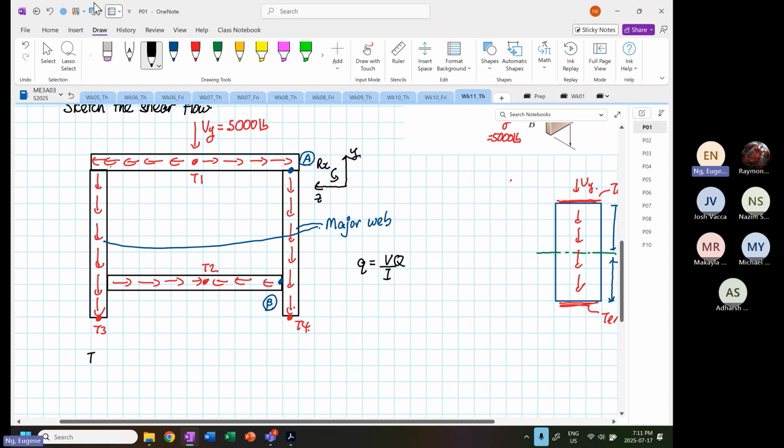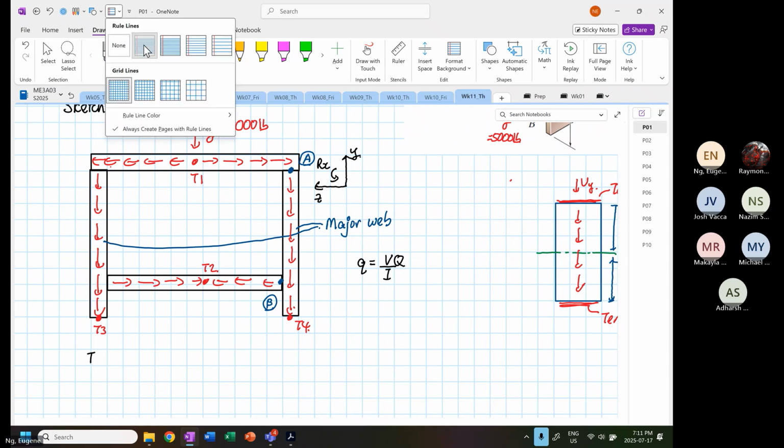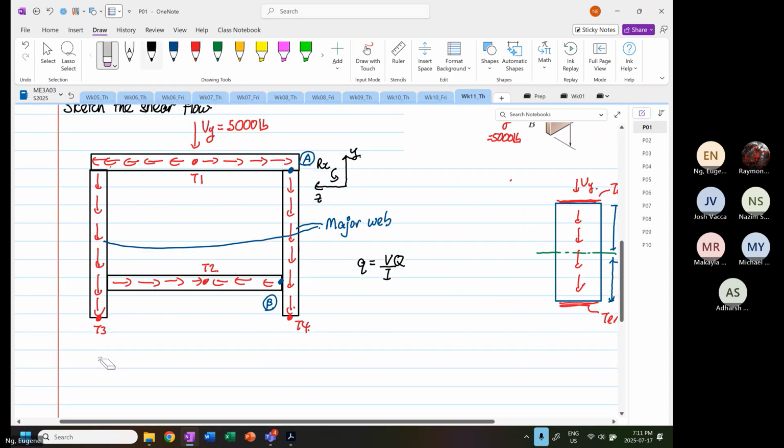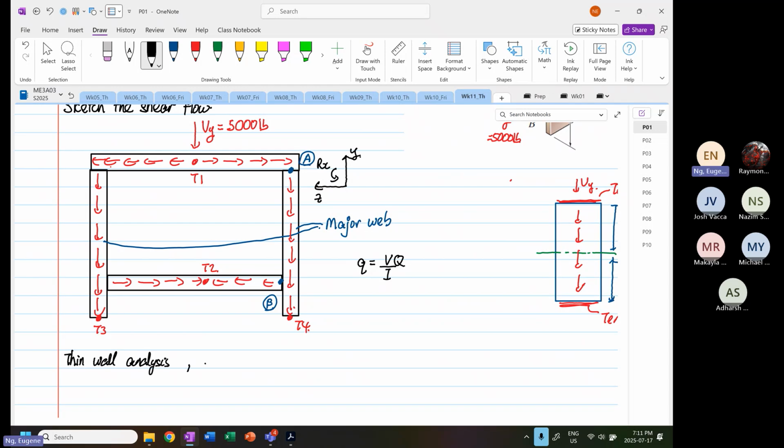Here we have thin wall. And we know that shear flow is equal to VQ over I. And what we also know is V and I are what? Constant.